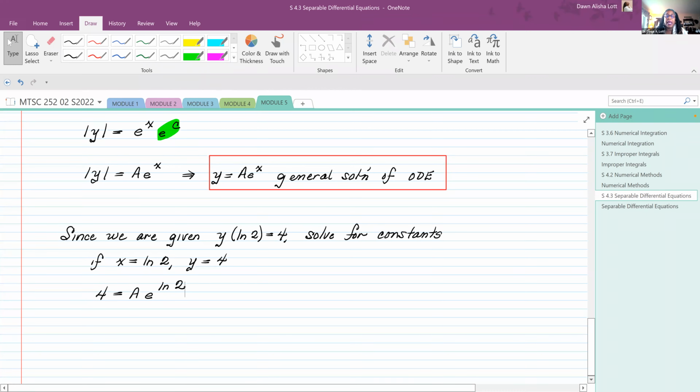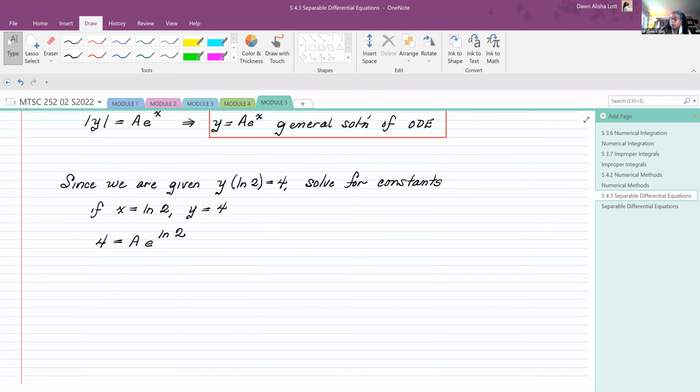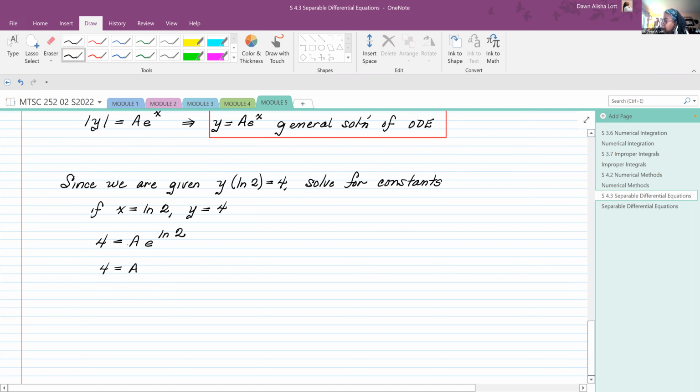We learned this way back when we were learning about exponentials and logs being inverse functions of each other. Is it just 2? It is just 2. Thank you. So you get 4 is equal to a times 2. Remember, e and log are inverse functions. So you get a is equal to 2.